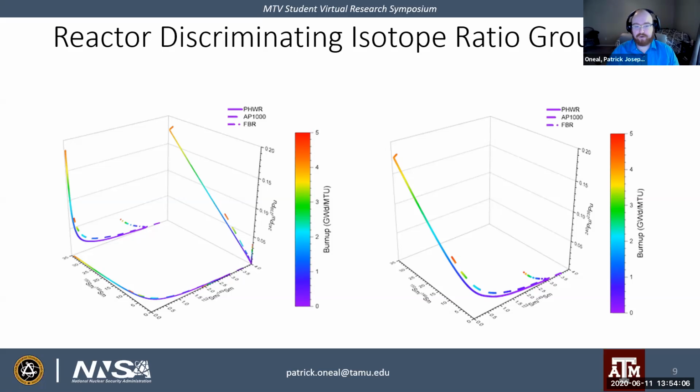So for this, we're comparing the PHWR, the AP1000, and the fast breeder reactor, FBR. And then on the left, you can see the projections on each plane for each of the different isotope ratios. And it's color mapped to burnup, so we can see how these ratios change with different burnup using the color mapping.